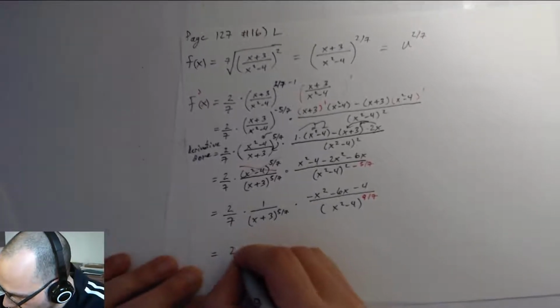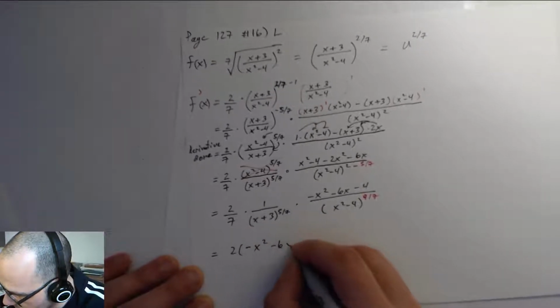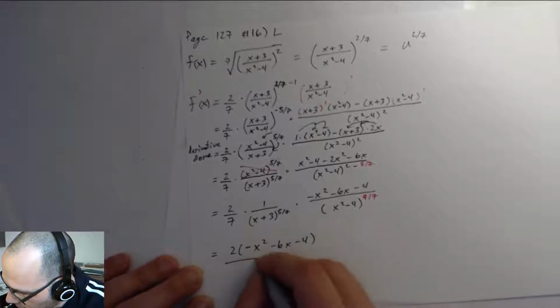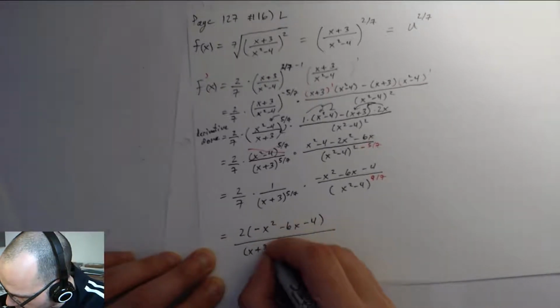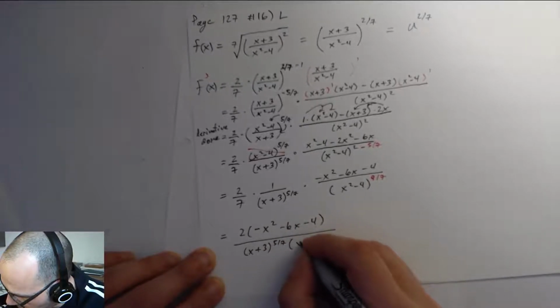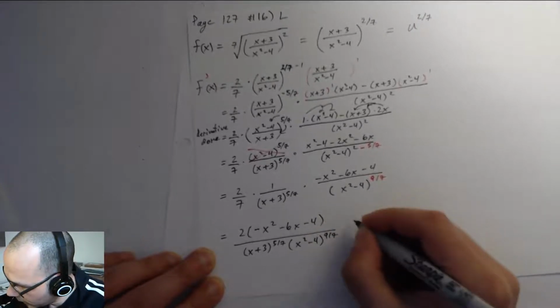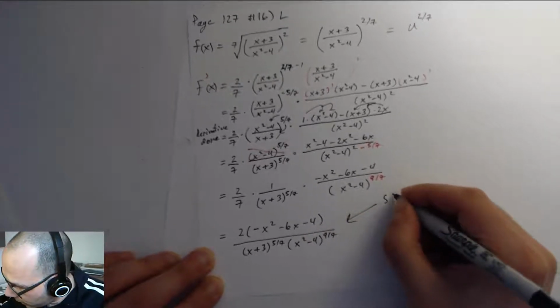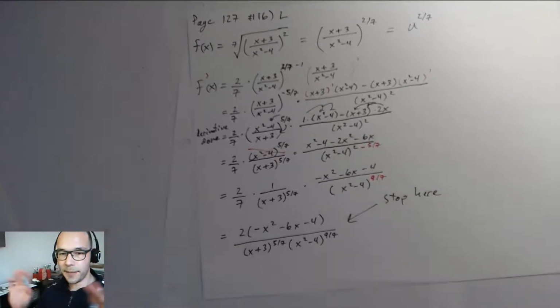So it's going to be 2 multiplied by (negative x squared minus 6x minus 4), all of that over (x plus 3) to the power of 5 over 7 multiplied by (x squared minus 4) to the power of 9 over 7. You are allowed to stop here. You can stop here if you'd like.